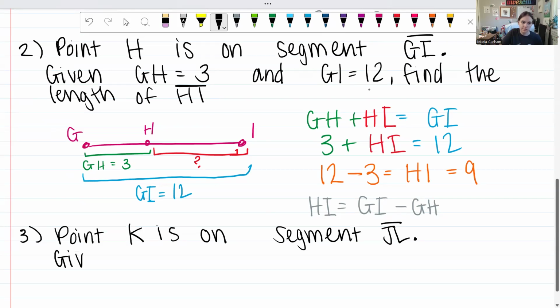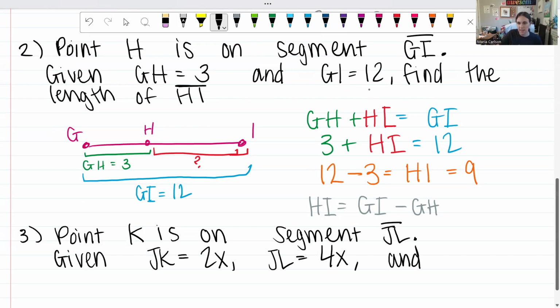Given JK, segment JK is equal to 2x. Segment JL has a length of 4x. And segment KL equals 4x minus 10. Oops, I didn't mean to put the bar over this because this is a distance. So KL is equal to 4x minus 10.